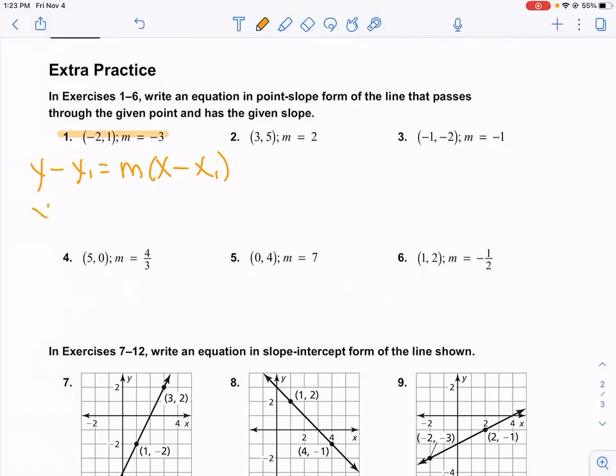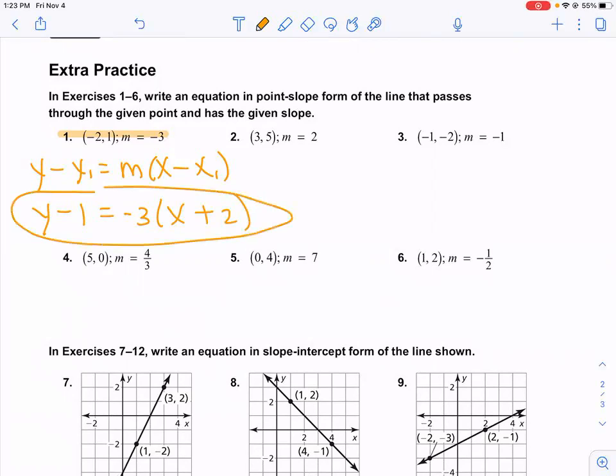So we would have y minus, what would go here? 1 equals, times x minus -2. So we're going to x plus 2. So this is point slope form. That is exactly what they're asking for. Point slope form. Okay.